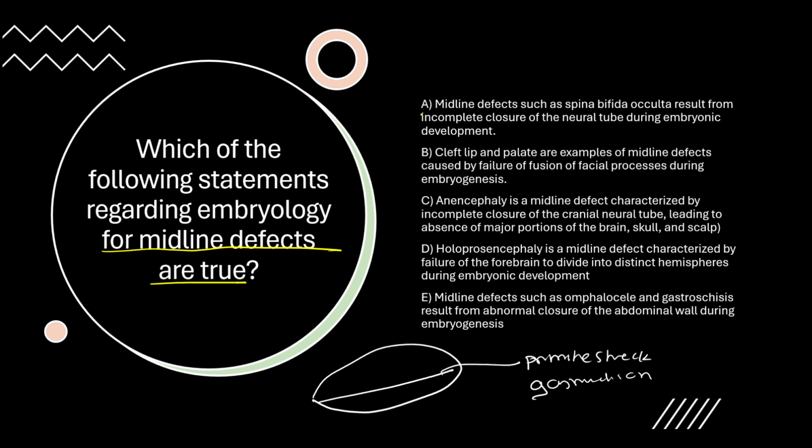Statement A gives midline defects such as spina bifida occulta results from incomplete closure of the neural tube. So after the formation of the primitive streak, there's the notochord formation, then there's the neural tube formation. The neural tube will have the cranial end involved in the formation of the brain, and the caudal end involved in the formation of the spinal cord.